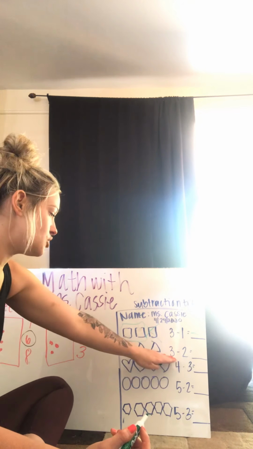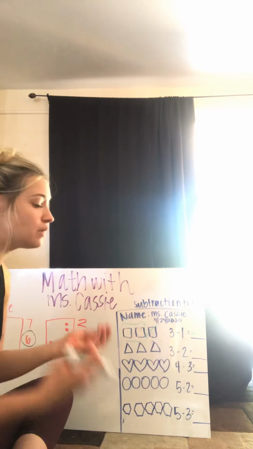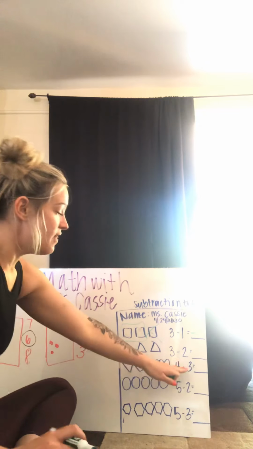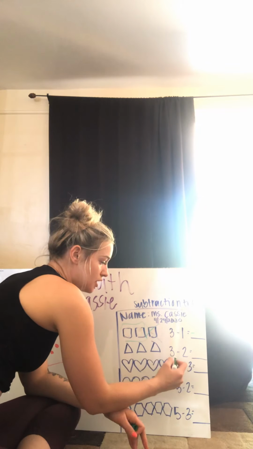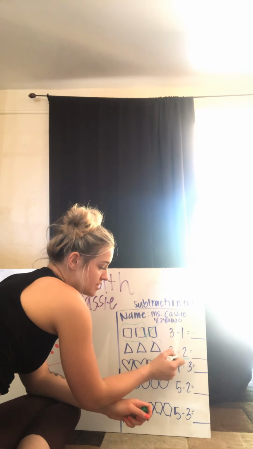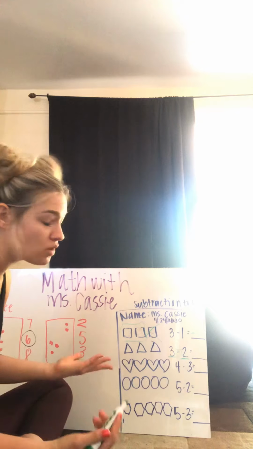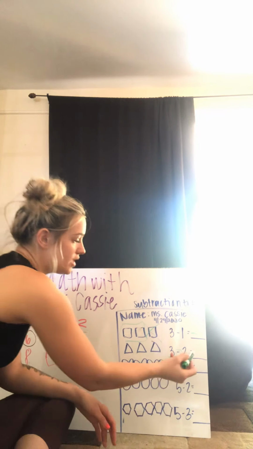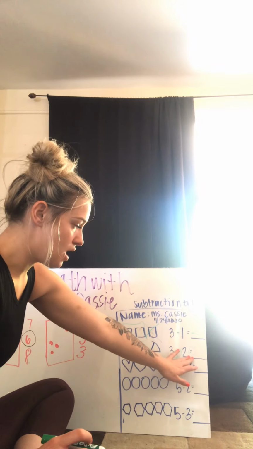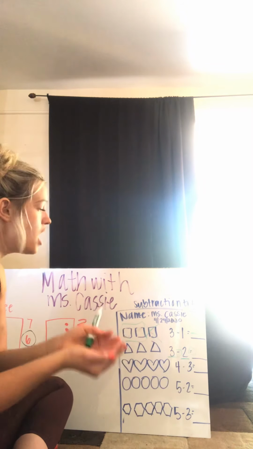Again, with this one, we have a total of 3, so they should know that the biggest number is how many we're starting off with altogether. And then the number that's in the second spot, so they should understand that this is our first spot, this is our second spot. They should also understand that this is a minus sign as well. And if you want to go over that with them to help them remember, this is an equal sign, and then our last line should be how many we have left over for subtraction.